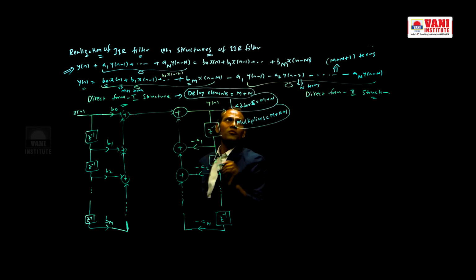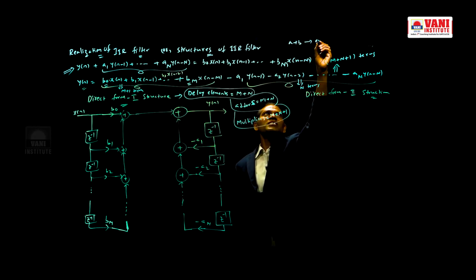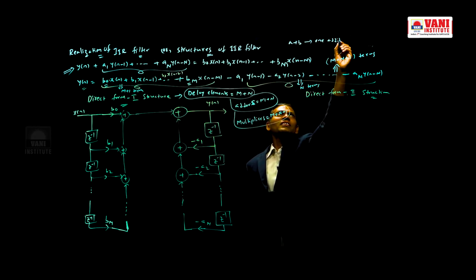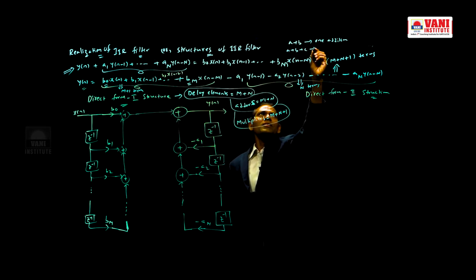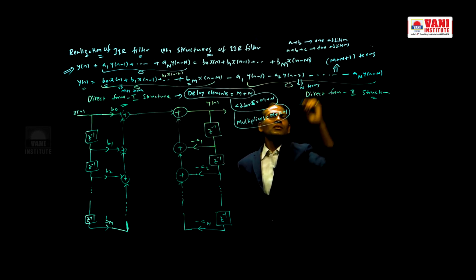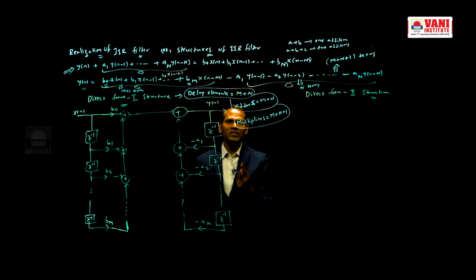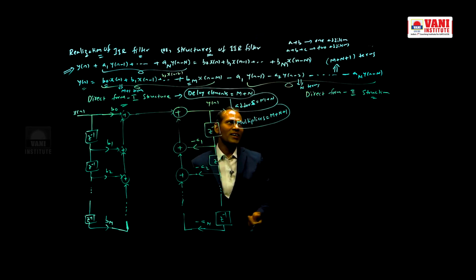So whenever we add, suppose take a plus b means one addition. Suppose a plus b plus c, if we add 3 numbers, that is 2 additions. If we add 2 numbers, 1 addition is needed. To add 3 numbers, 2 additions are needed.